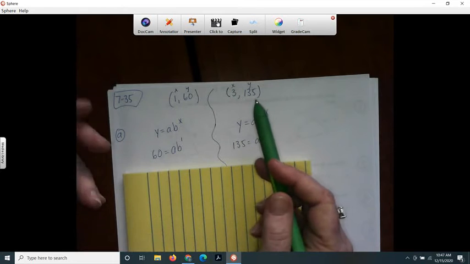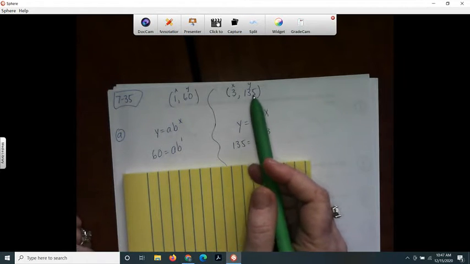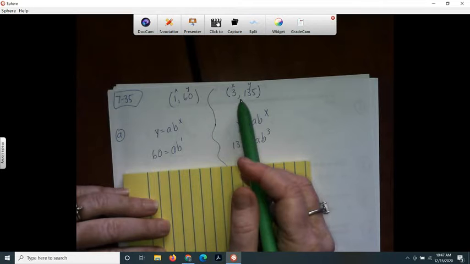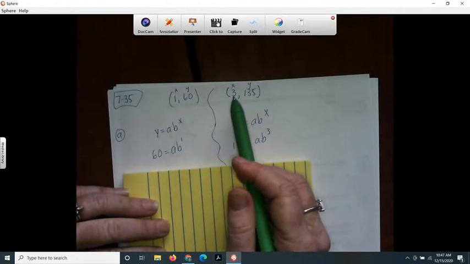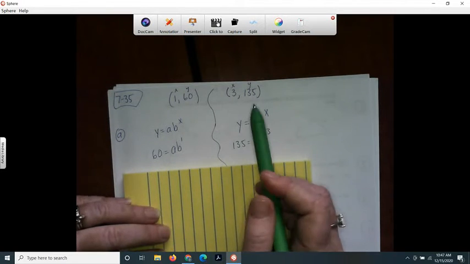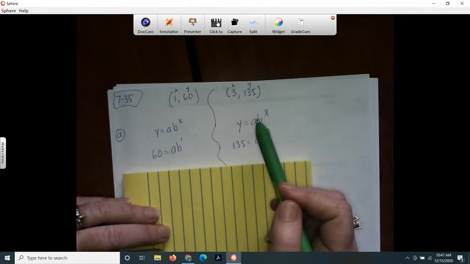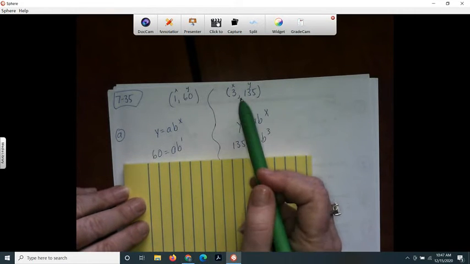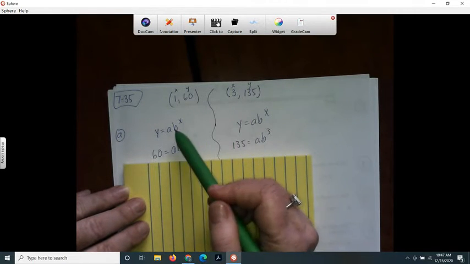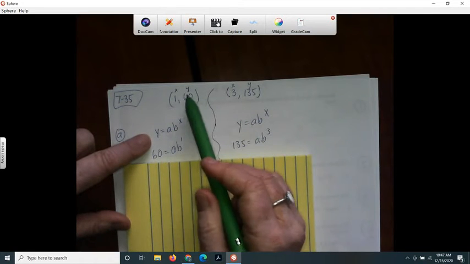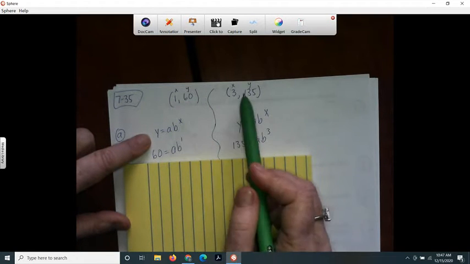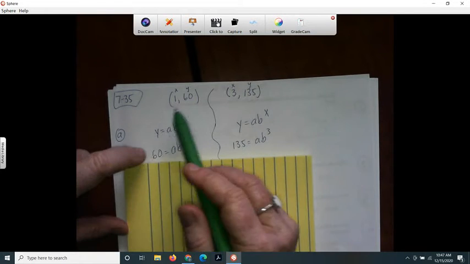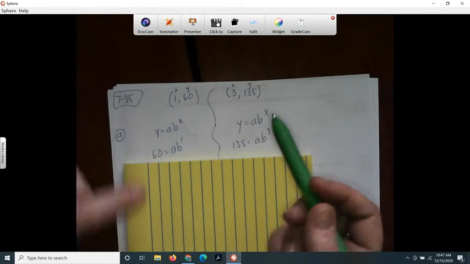If this were linear, you could just use y equals mx plus b, find the slope, and then plug something in and get the y-intercept. But this one is exponential, so I think the fastest, easiest, most direct way is to write two equations, one for each ordered pair, and then just do a system of equations. You can do it pretty fast once you get used to it.